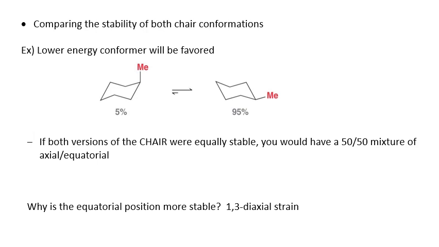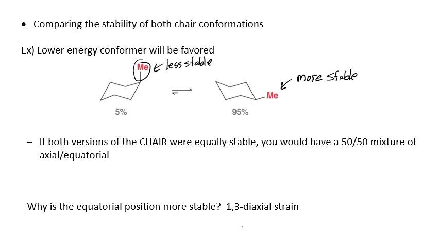Now, for monosubstituted cyclohexane chair conformations, we have to be able to assess the stability of each flipped version. So this is really simple. If your substituent is axial, that's less stable, meaning it's higher in energy. If your substituent is in the equatorial position, it's lower in energy, which means it's more stable.